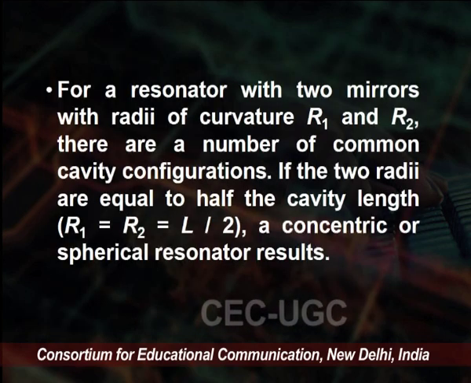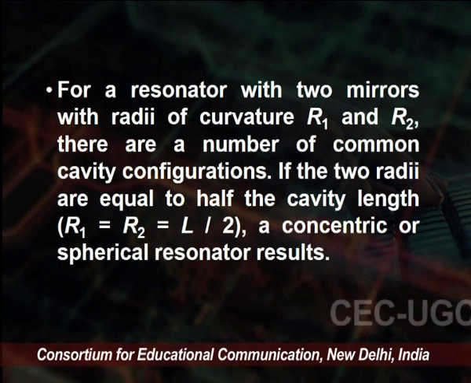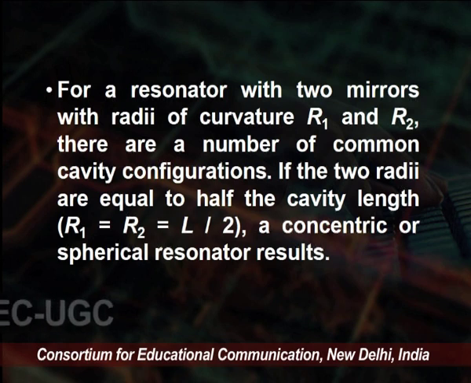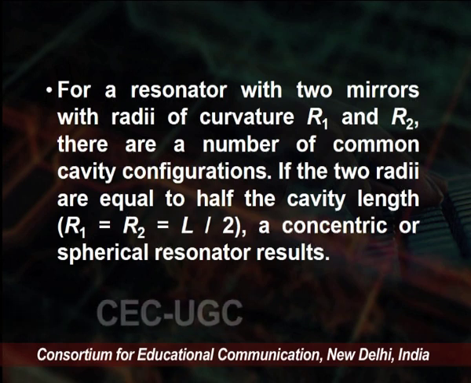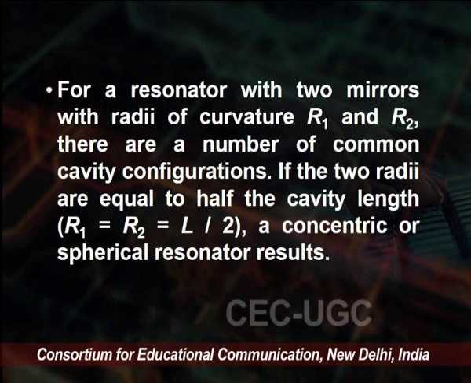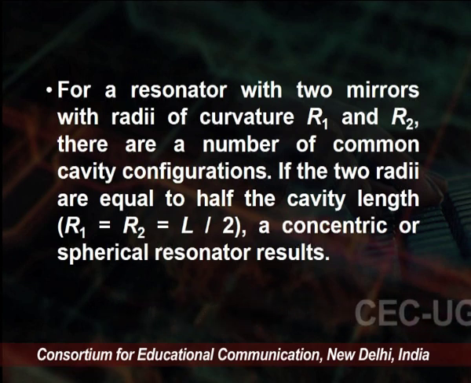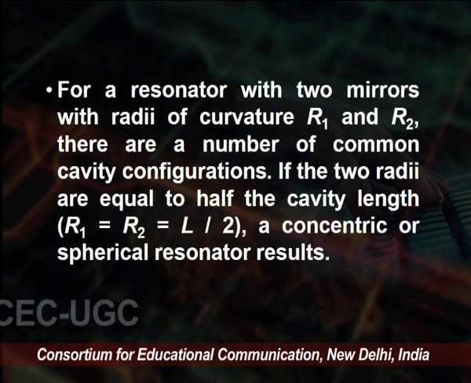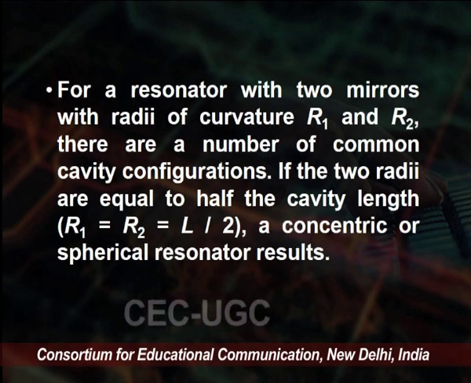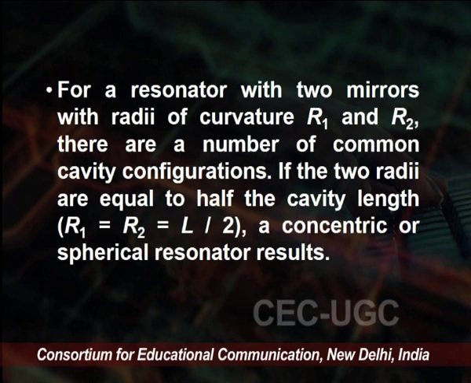So for a resonator with two mirrors with radii of curvature R1 and R2, there are a number of common cavity configurations. As you see, R1 is equal to R2 is equal to L. So there are various radii of curvature of the mirrors, and a number of common cavity configurations.